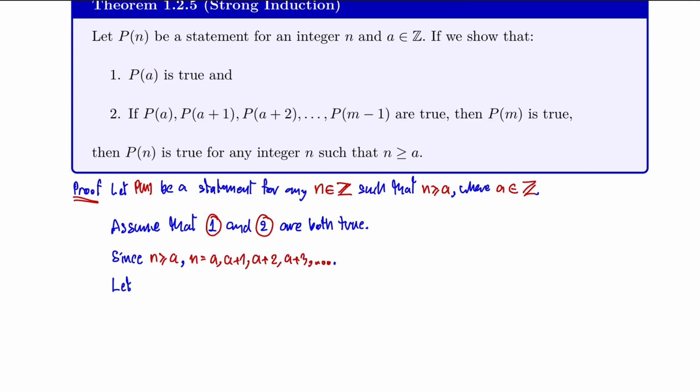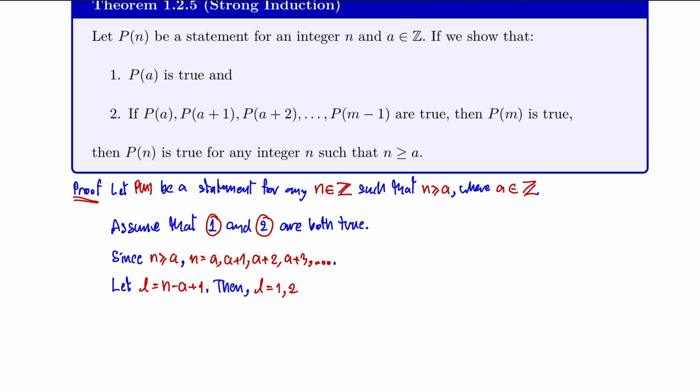So we let L be n minus a plus 1. Then what do we have? Try to plug in this a to n. L turns out to be 1. Next, L will be 2 when n is a plus 1.